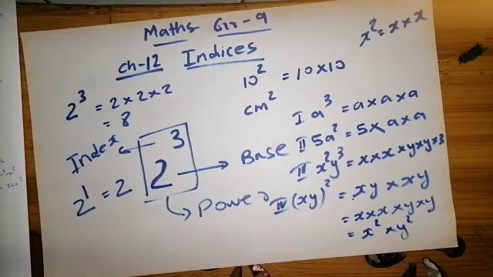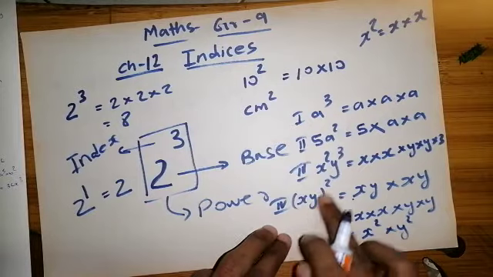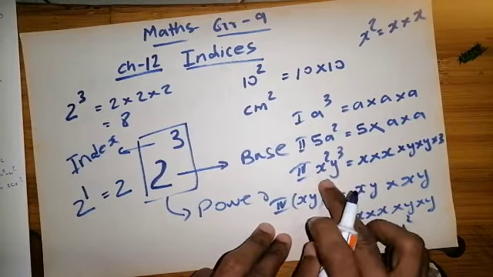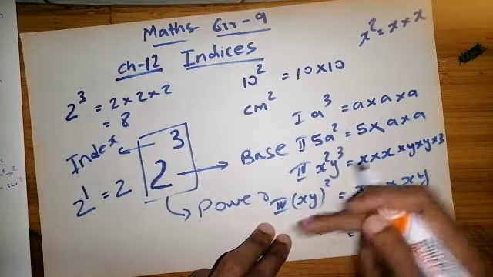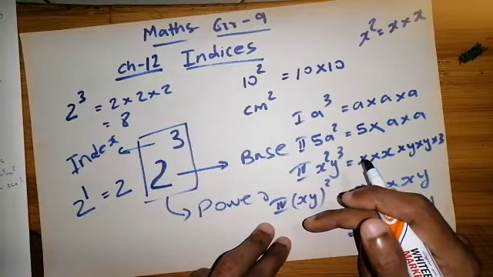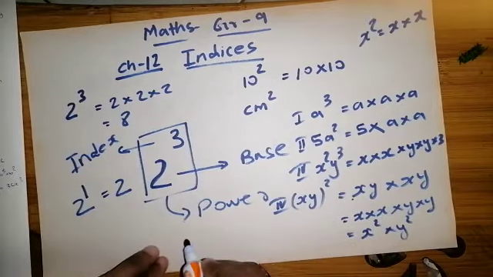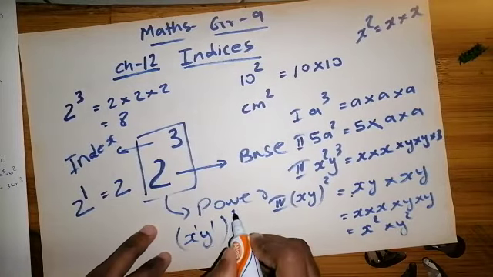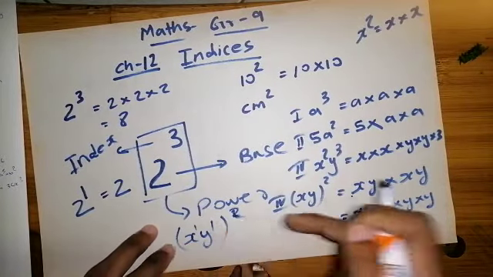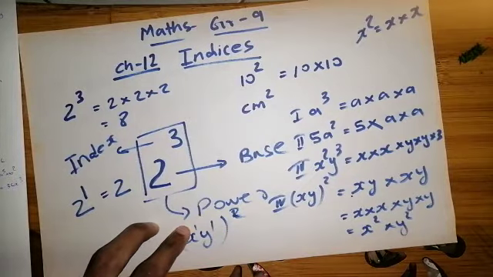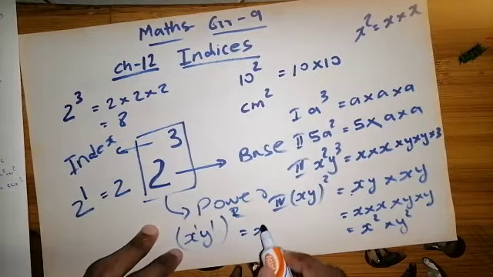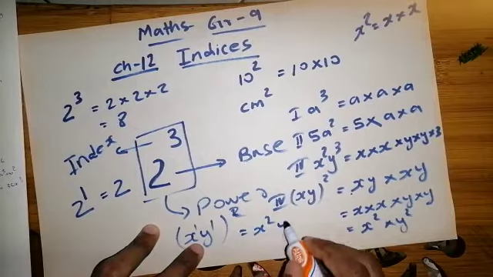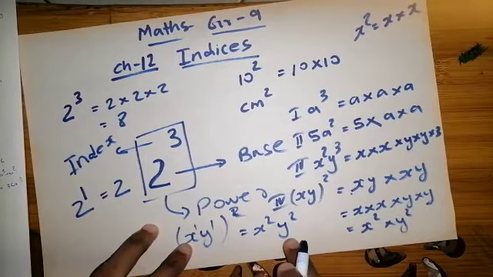When you extract (xy) all squared, you can give the power to the individual numbers. For x and y we have power 1, altogether 2, so we can multiply directly to the power: 2 into 1 for x squared, 2 into 1 for y squared.